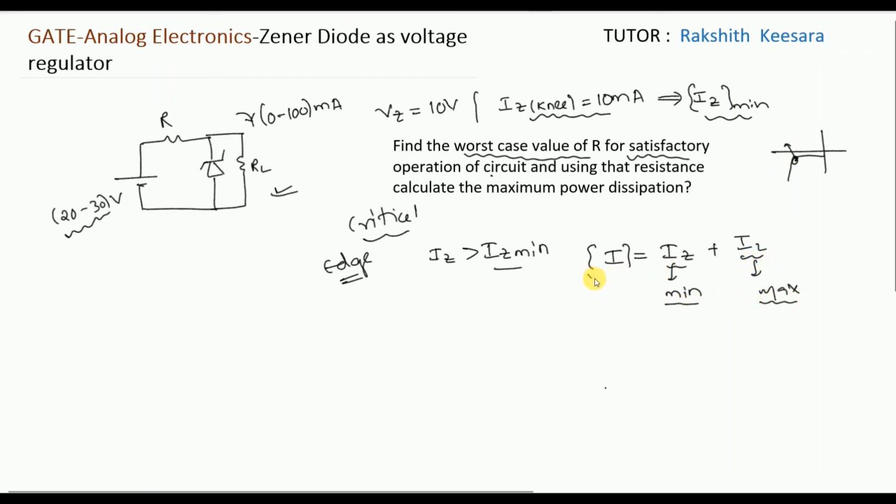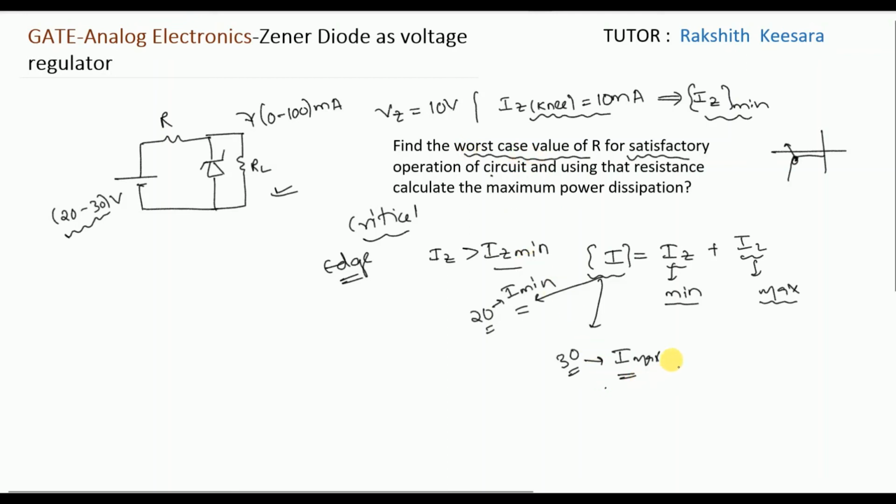Next, coming to I, you have two values of I. One value you will get with 20 volt, another value you will get with 30 volt. With 20 you will get I minimum, guys. With 30 you will get I maximum. So which value should you take? He is asking the worst case.